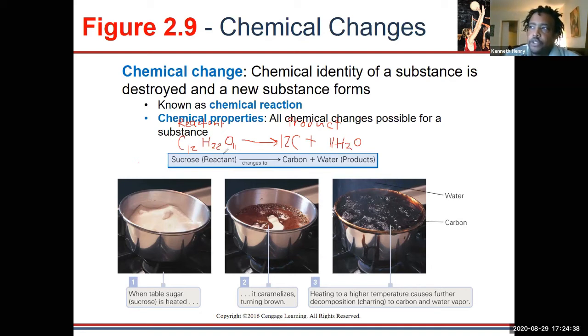So we have one sucrose molecule, and this line means change into, or make, or generate, or yield 12 carbon atoms and 11 water compounds, okay?